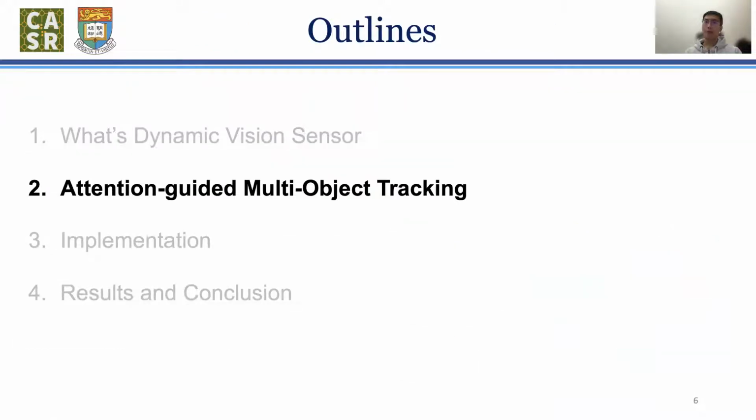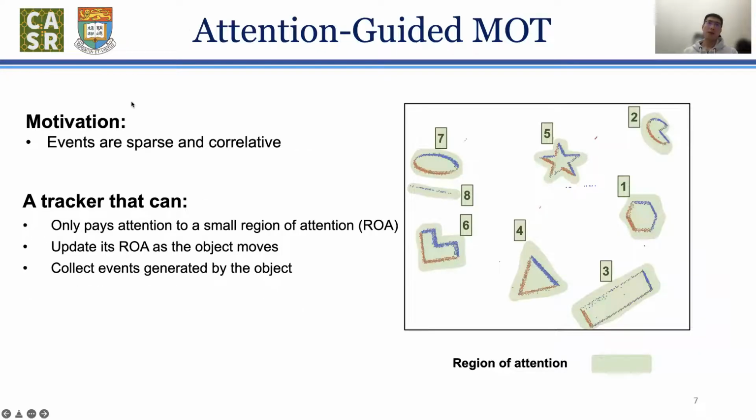So how can we tackle these challenges and also leverage the sparsity and low power of the event camera? In this work, we propose a hardware-software architecture based on the concept of attention. The motivation is that the events generated by moving objects are sparse and also correlated. Here we show a picture where only a few small areas in the scene have events.